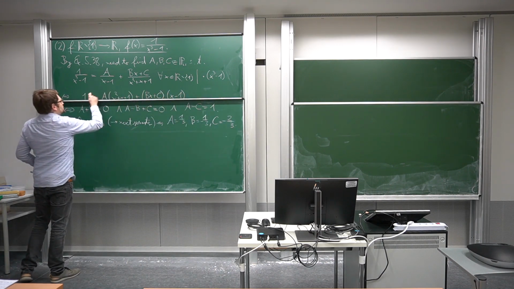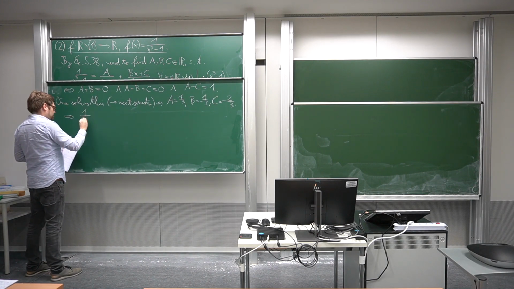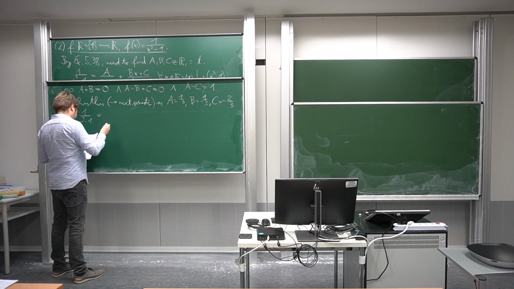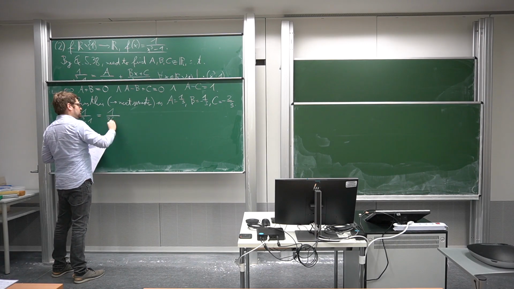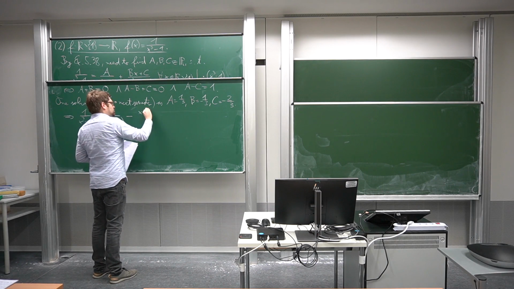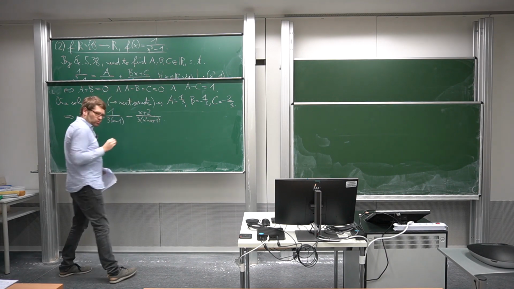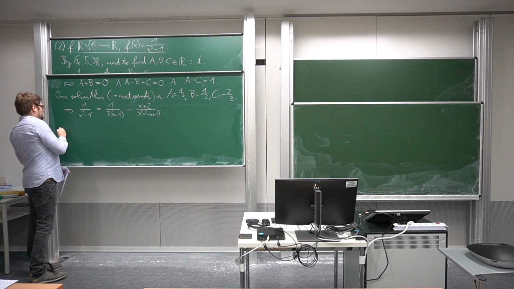So if we insert this in this formula, we get 1 over x to the 3 minus 1 is the same as 1 over 3 times x minus 1, and now minus x plus 2 divided by 3 times x squared plus x plus 1. Okay, this we can now integrate.